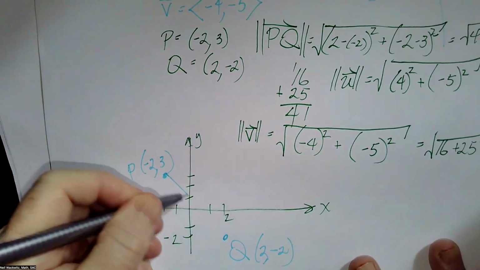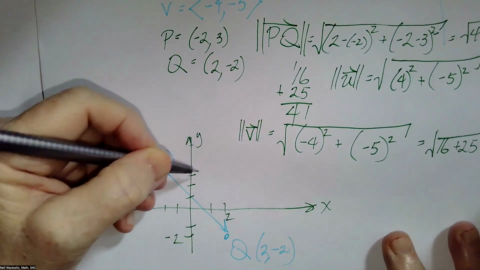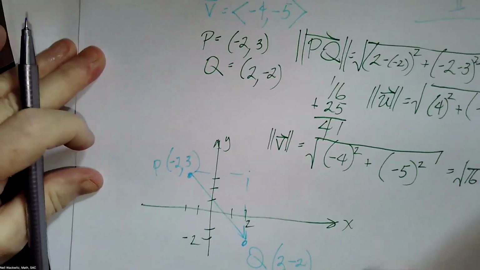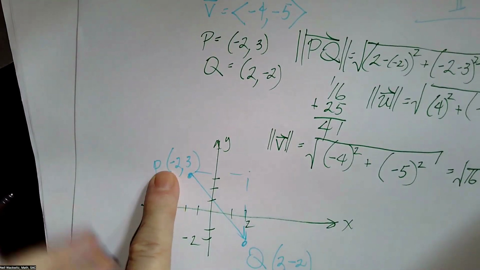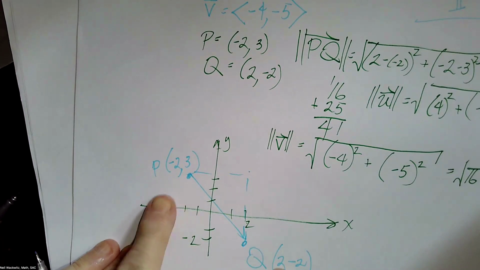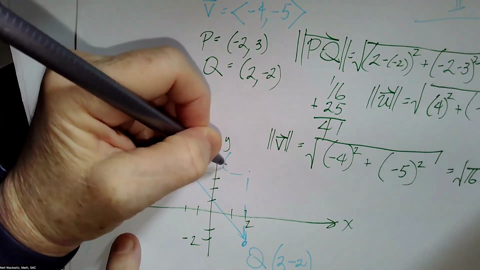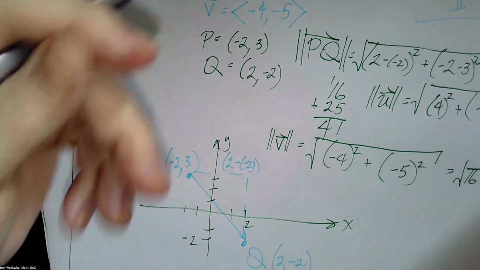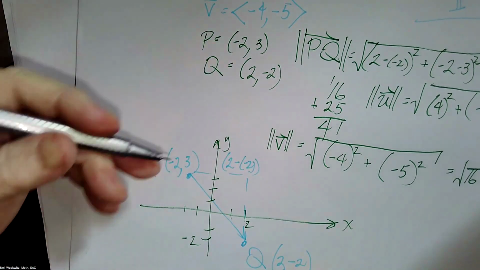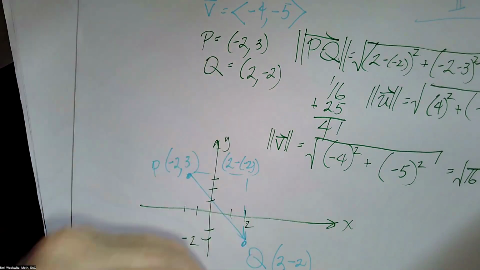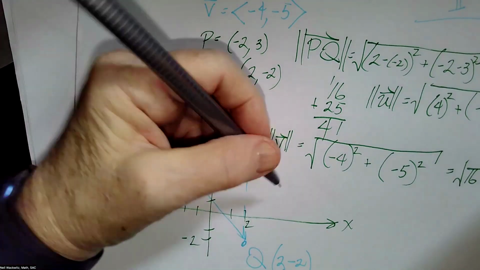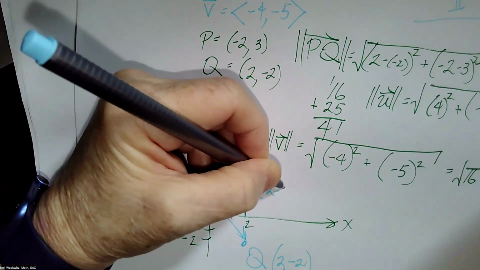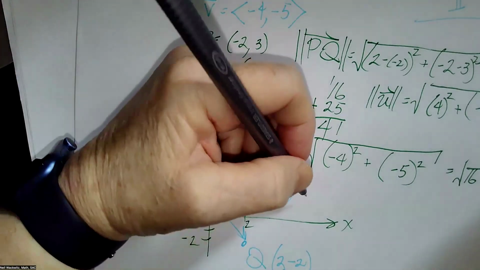And we're going from P to Q. So we're going 2 minus -2 in the x direction, and -2 minus 3 in the y direction.